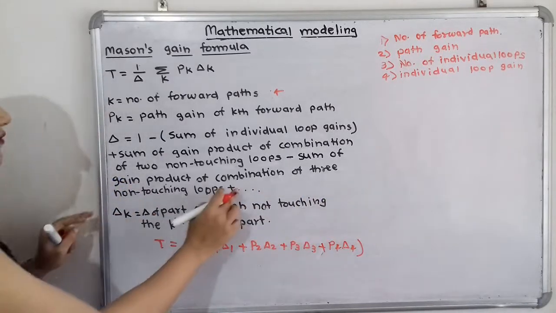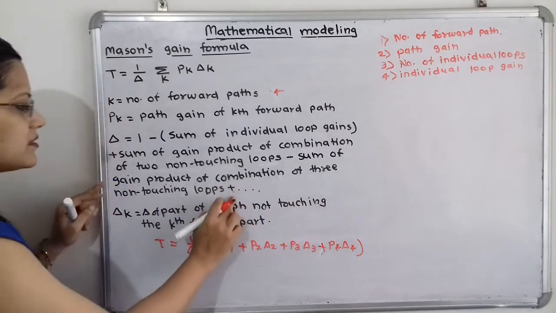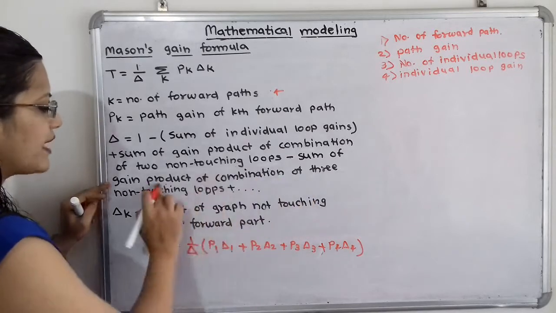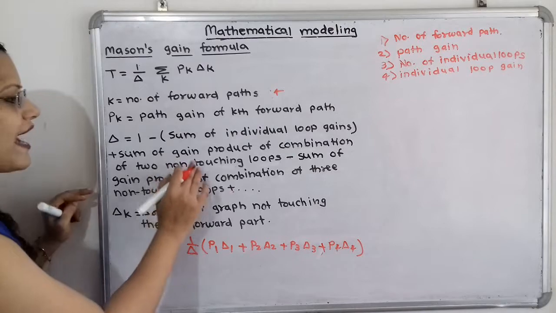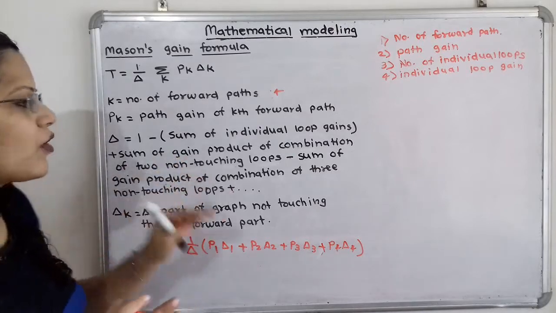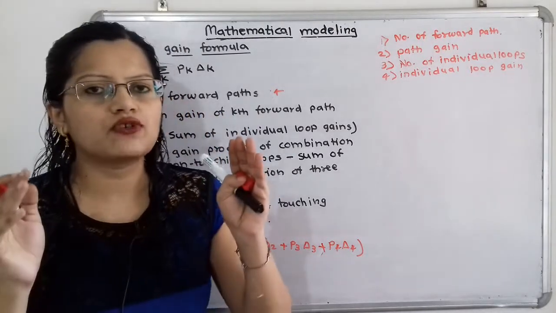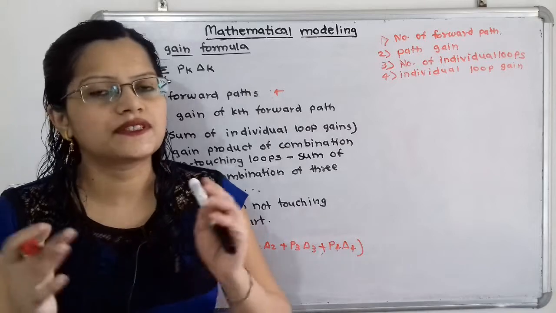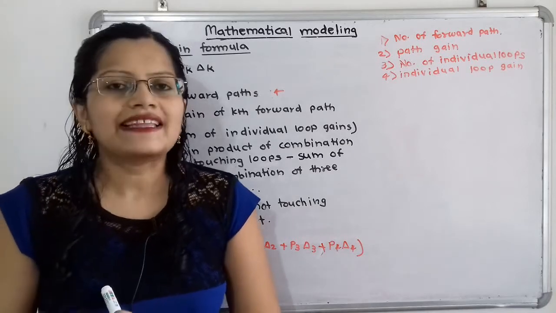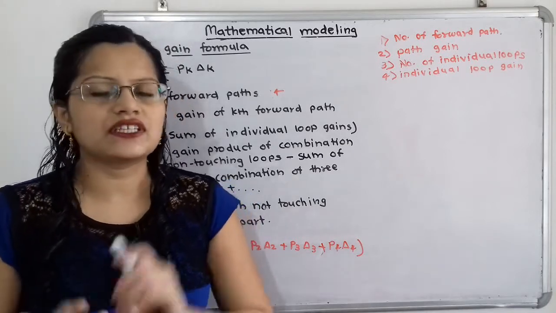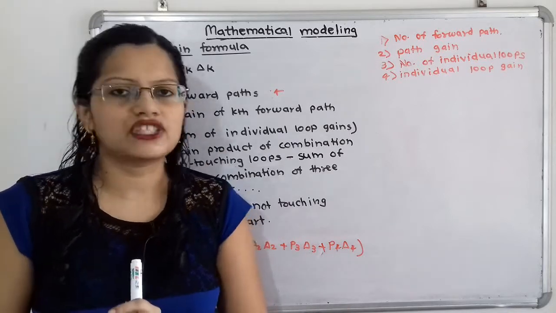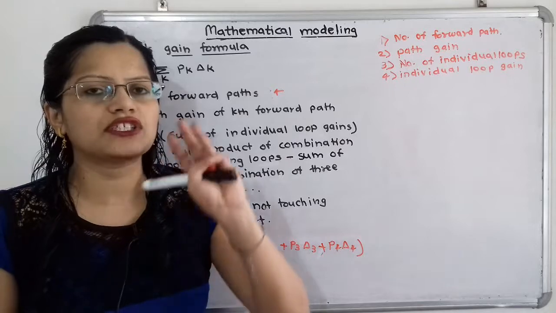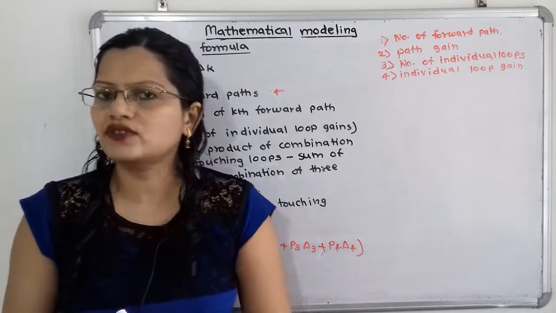Then plus, I will write the sum of gain products of combinations of four non-touching loops. So we have to first find out how many combinations of two non-touching loops, then three non-touching loops, then four non-touching loops. That will depend on the given question, that is, in that question how many combinations are there for two non-touching loops, three non-touching loops, and so on.